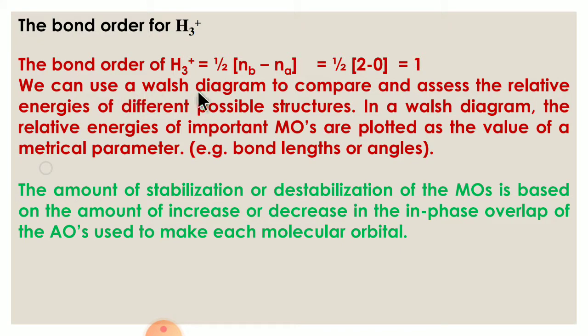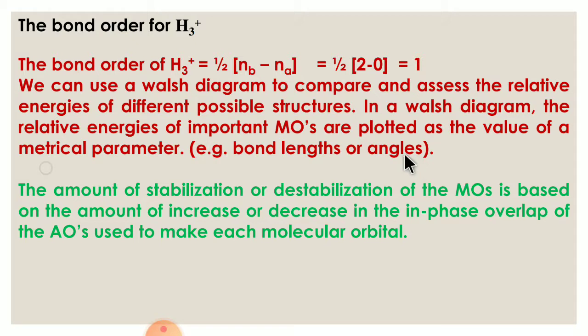We can use a Walsh diagram to compare and assess the relative energies of different possible structures. In a Walsh diagram, the relative energies of important molecular orbitals are plotted as a function of a metrical parameter, for example bond length or angle.